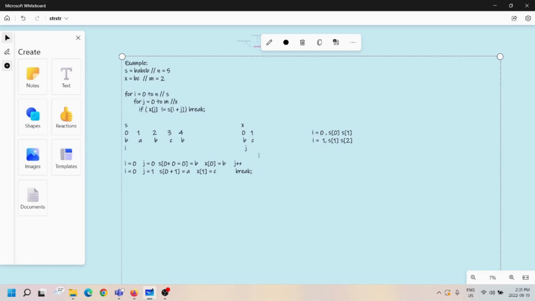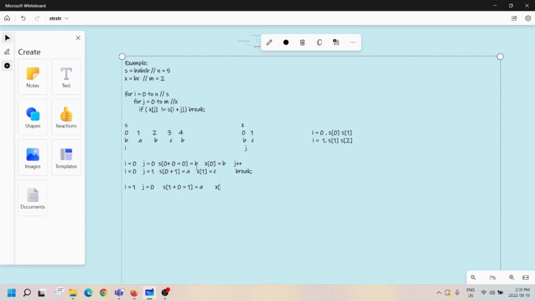Why I have to point this out is because when I becomes 1 now and J is equal to 0, then what are we comparing it with? 1 plus 0. That is going to give us the value. Let me put this inside. Okay. And this is going to give us the value of S at 1. S at 1 is A. All right.